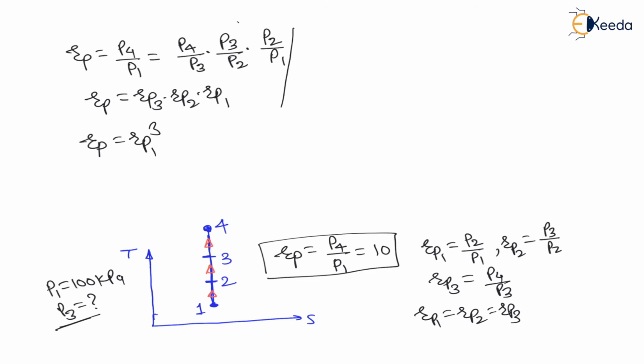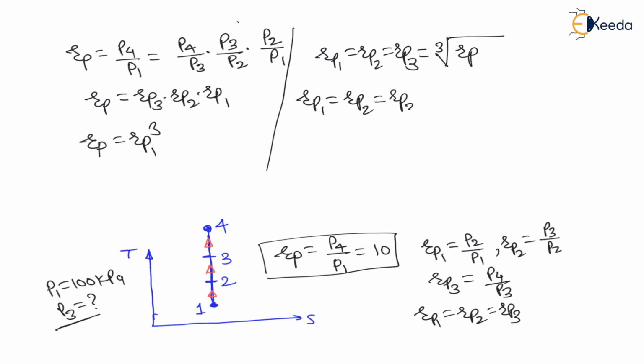Therefore for any one stage, that is RP1 is equal to RP2 is equal to RP3, the pressure ratio is the cube root of the total pressure ratio. Therefore RP1 is equal to RP2 is equal to RP3 is equal to the third root of 10. Hence put the value of RP1, RP2 and RP3 here.